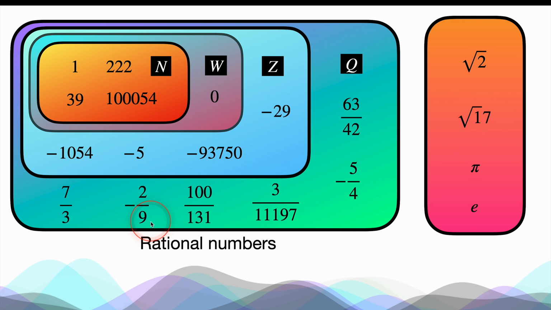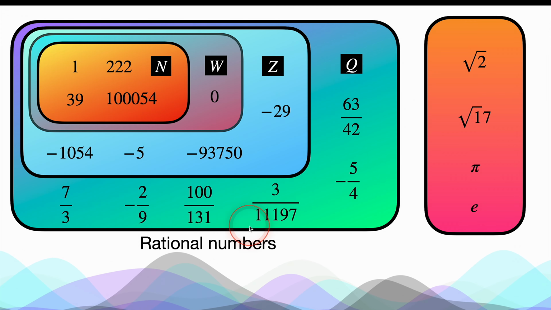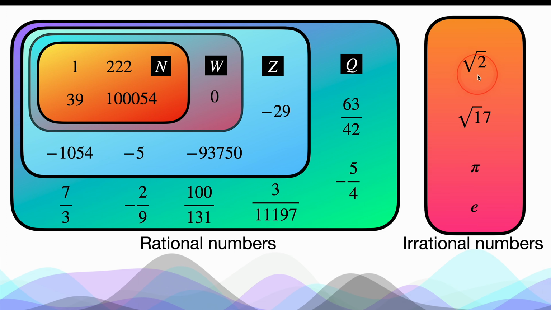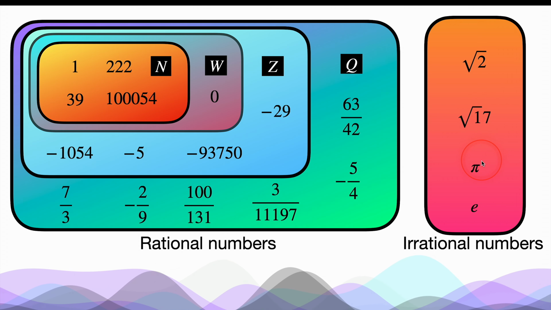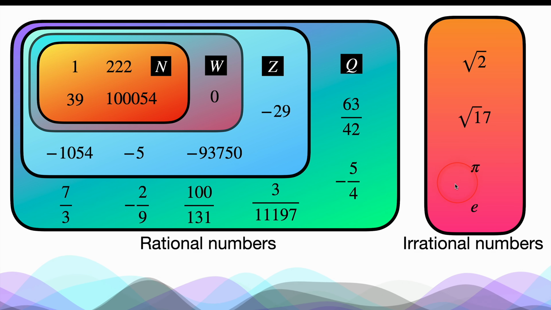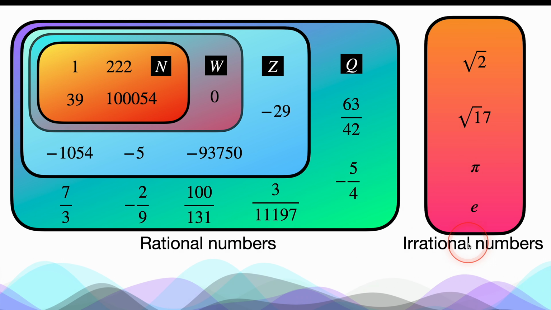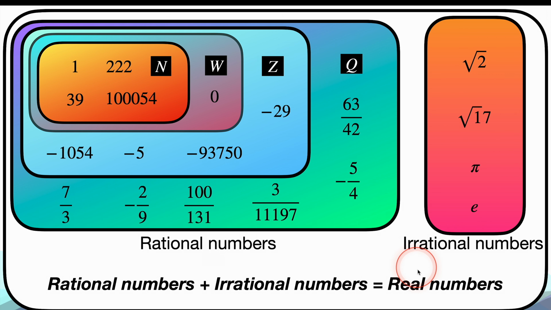So I can summarize all rational numbers within this particular box. And I have irrational numbers like root 2, root 17, and further examples are pi and more, which all of you will learn in the subsequent time. And if I combine the rational numbers and irrational numbers, what I get is the real numbers.